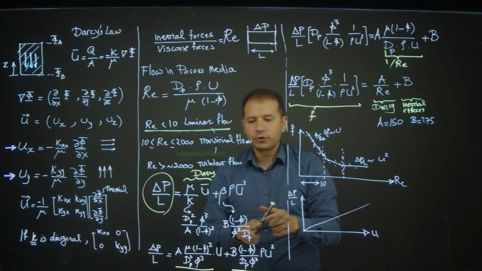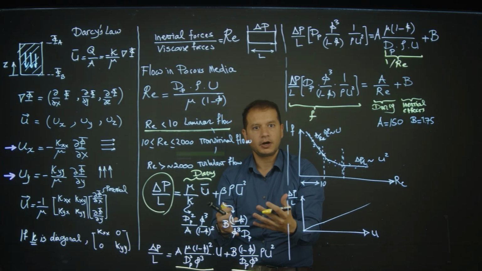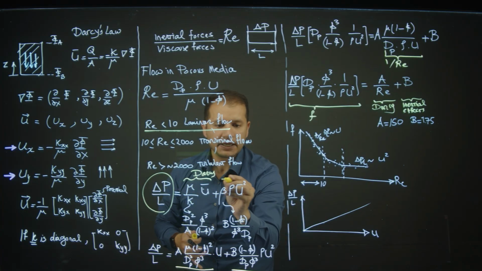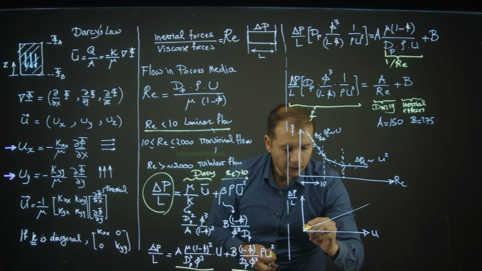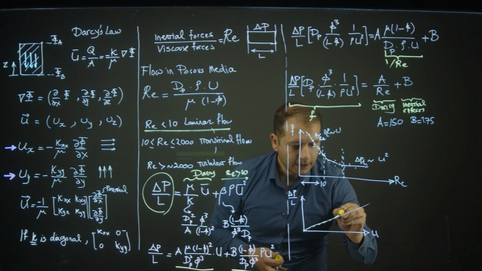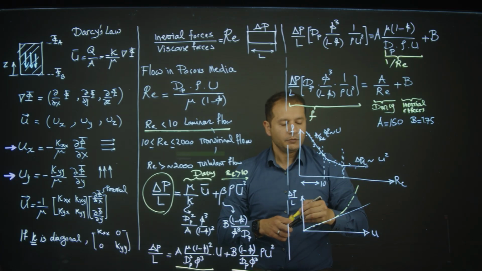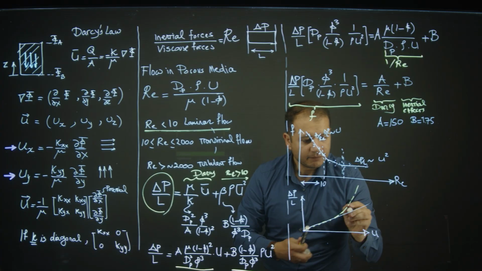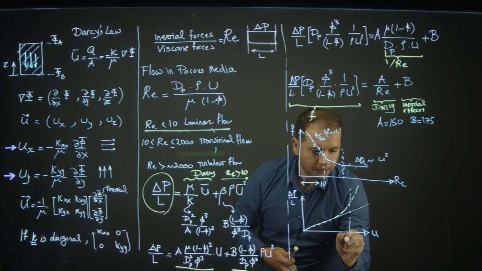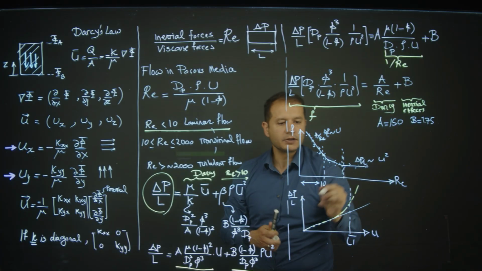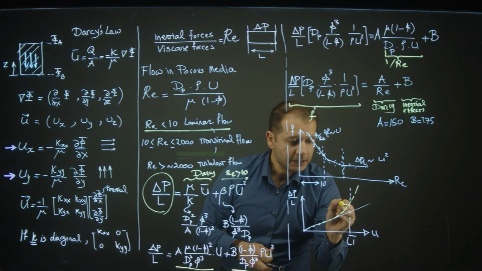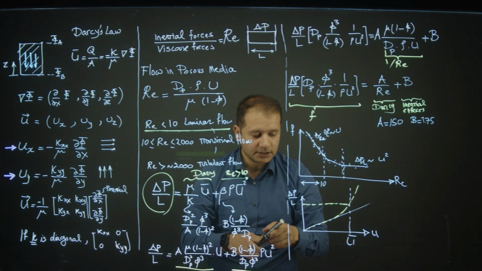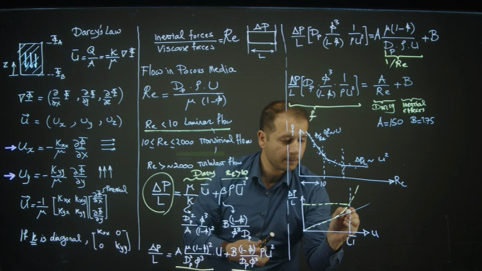However, what the Forchheimer correction of the Darcy law says is that when Reynolds is more than 10, you will start to deviate from it in this manner, which means that for the same velocity, the real pressure drop will be much more than what Darcy would tell you.